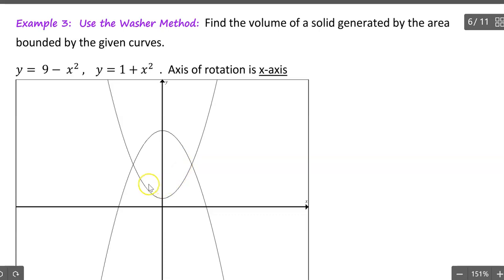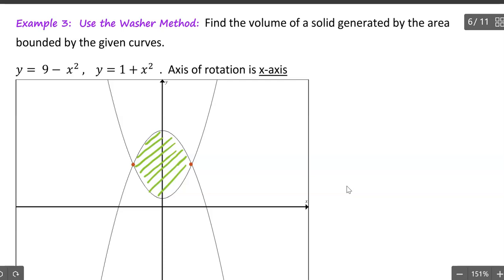So we are going to see that this is the point of intersection, and we are going to shade in the area that we are working with so that we can recognize the upper function and the lower function.